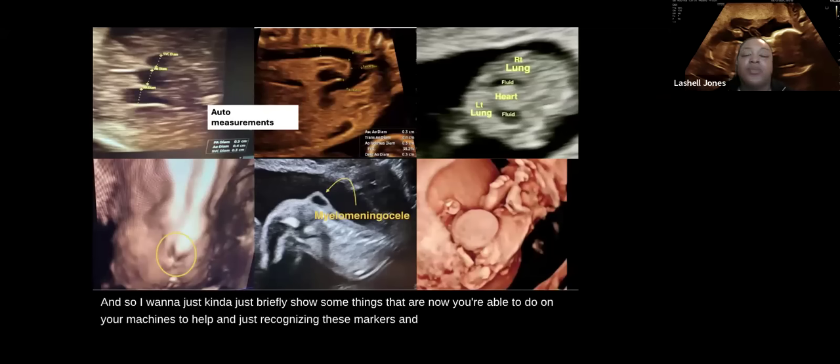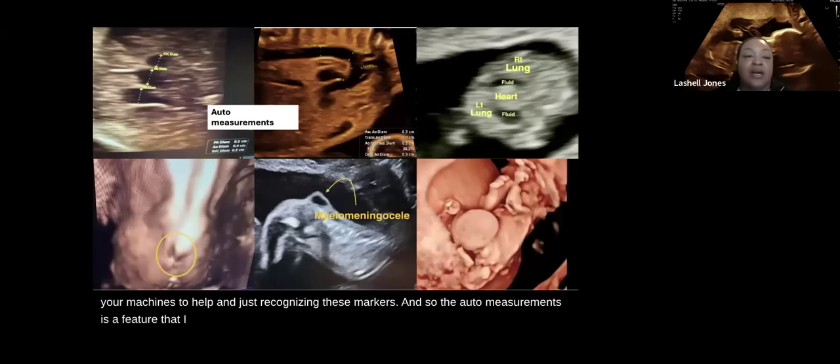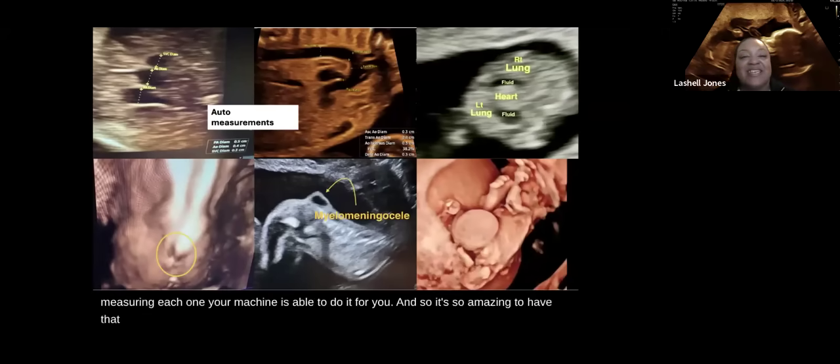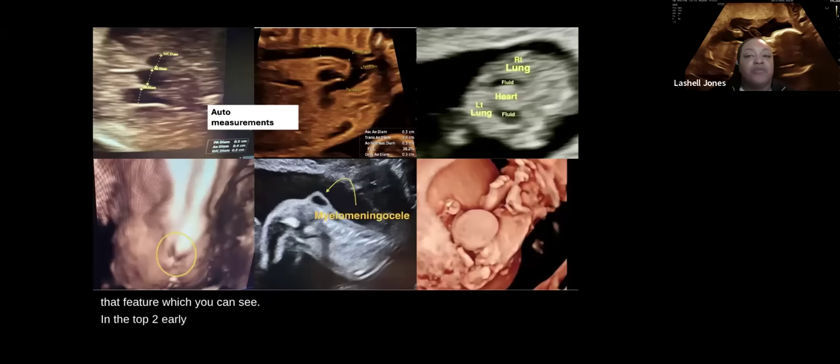The auto measurements is a feature that I personally love, and it helps take your time away, so you're not measuring each one. Your machine is able to do it for you, and it's so amazing to have that feature, which you can see here in the top two. Early on, this picture with the lung and the heart is a fetus that I believe was 10 weeks.